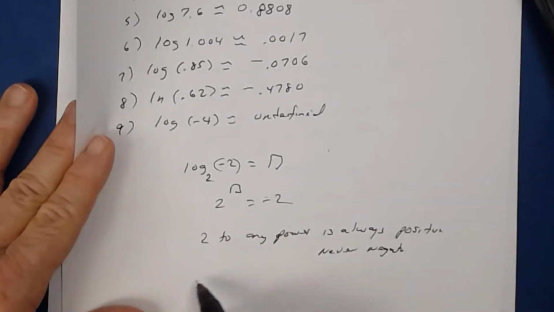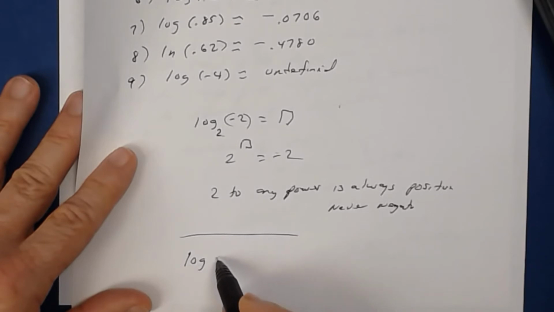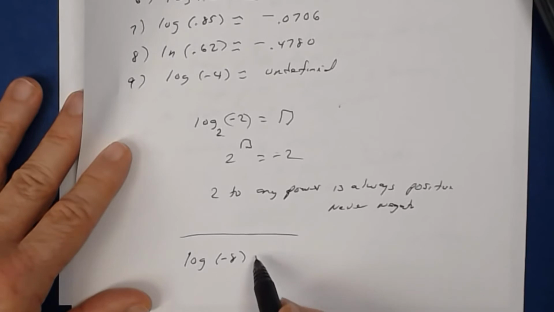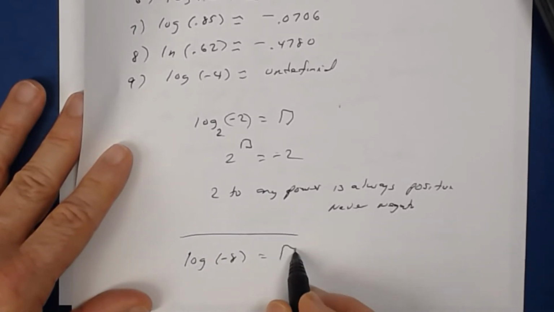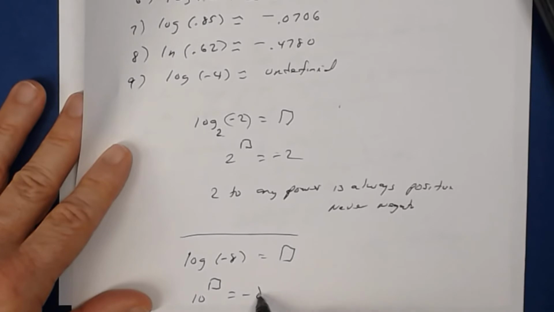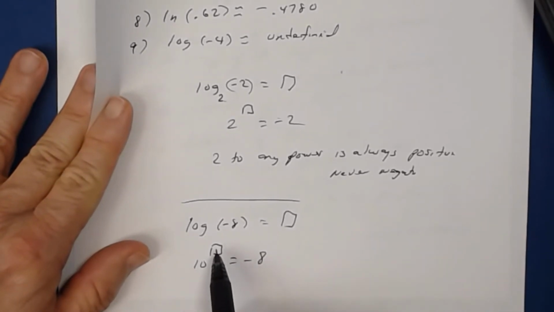Same thing here. If I said the log of, let's say, negative 8, if I use this idea, put a box here, remember, there's no base, it's understood to be 10. 10 to what power is negative 8? Well, it's not possible, because a positive number raised to any power has to be positive.